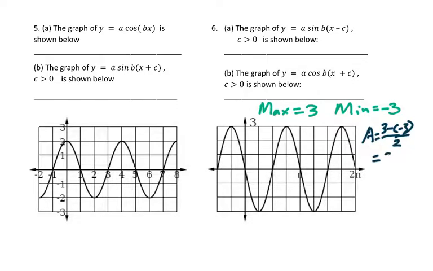That's 6 over 2 equals 3. So for the d, d equals 3 plus negative 3 over 2 equals 0. After we get the d, I will draw y equals d. That's a midline. Then you will figure out the period.